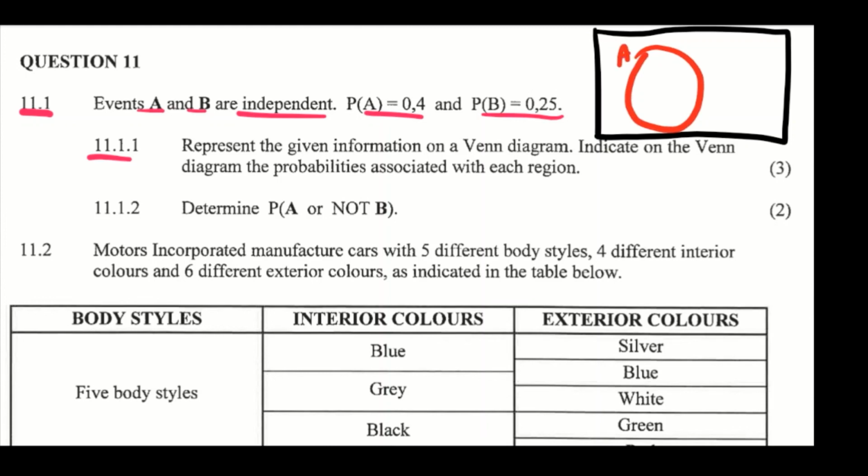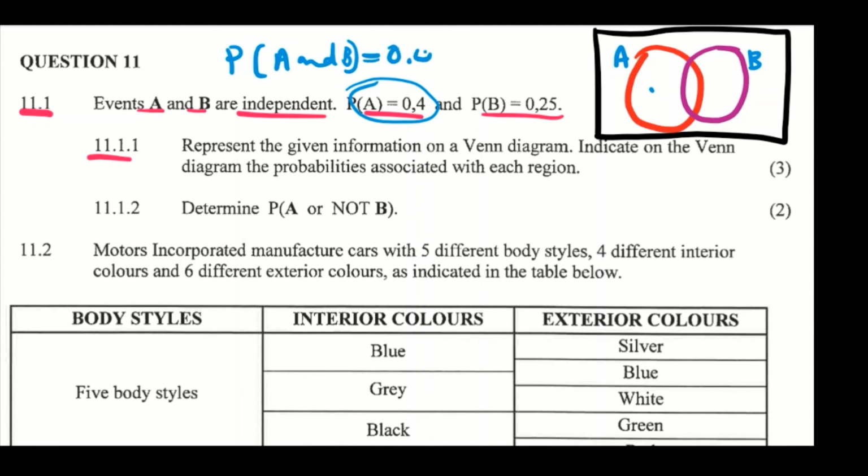Let me just represent A with a different color. So this would be A, and this would be B, right? If we were to write the probability of A, we can't just write the probability of A inside the box here, because finding the probability of A and B is equal to 0.4 times 0.25.